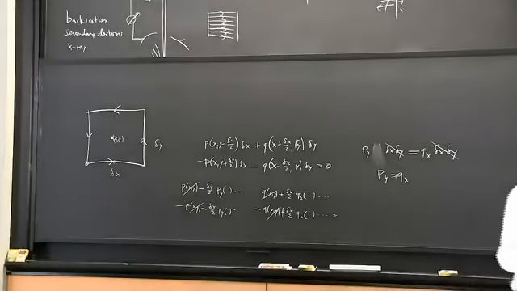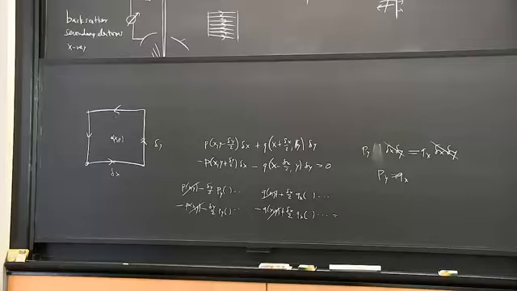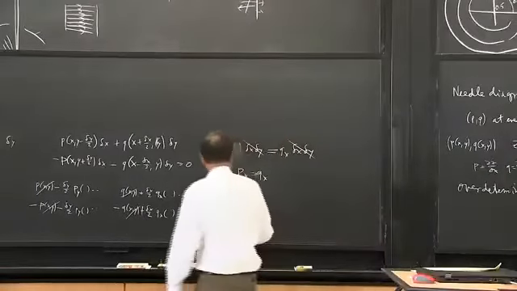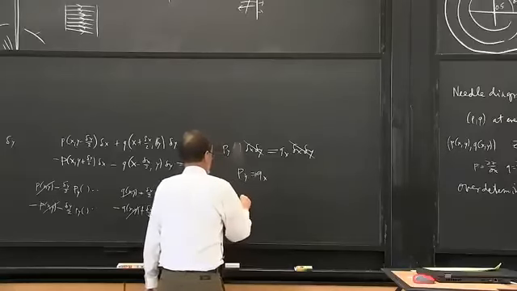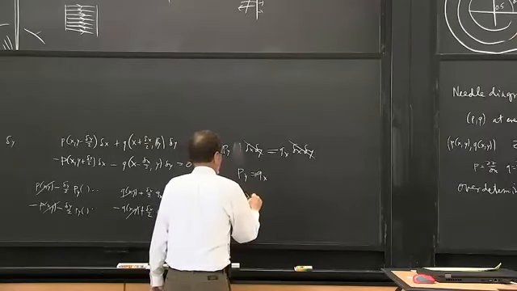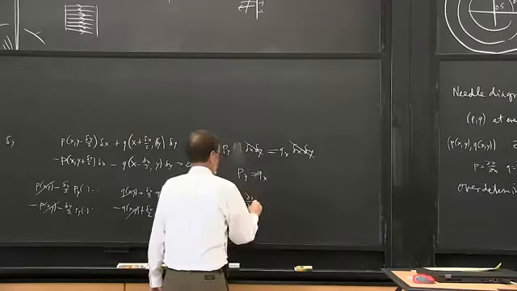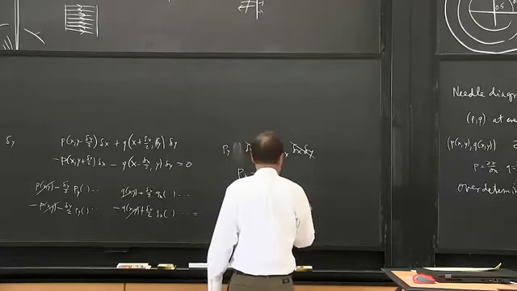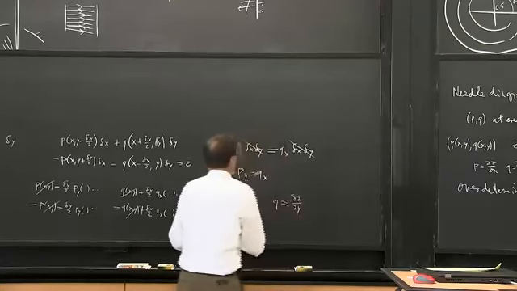So if this is true of very small areas, then that condition has to be true. And that makes sense because P was supposed to be our measurement of dz dx, and Q was supposed to be our measurement of dz dy.